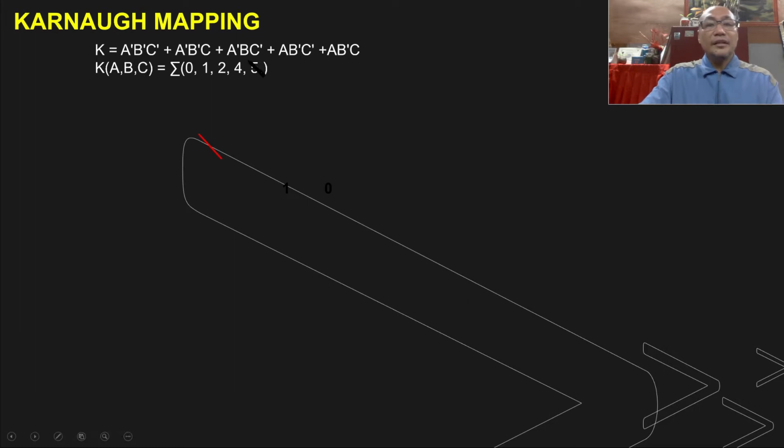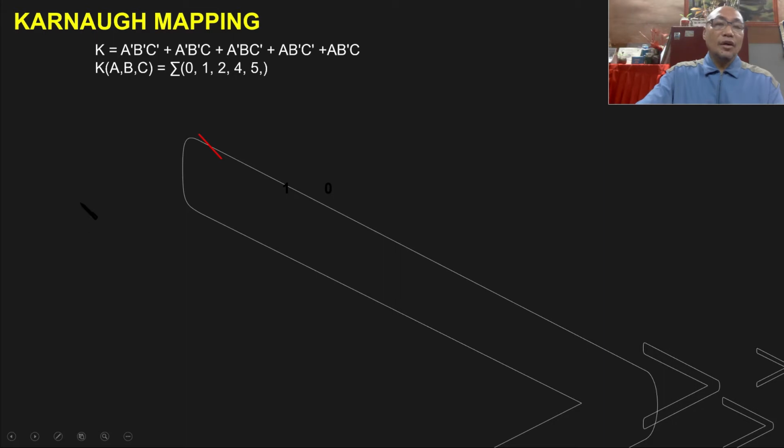We can rewrite this equation into the summation of A' B' C' is equal to 0, A' B' C is equal to 1, A' B C' is actually equal to 2, A B' C' is equal to 4, A B' C is equal to 5.